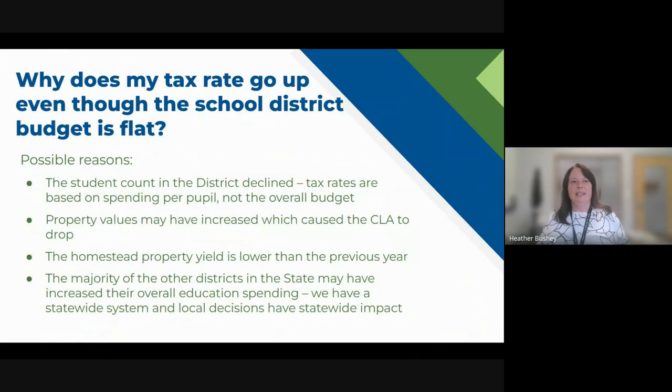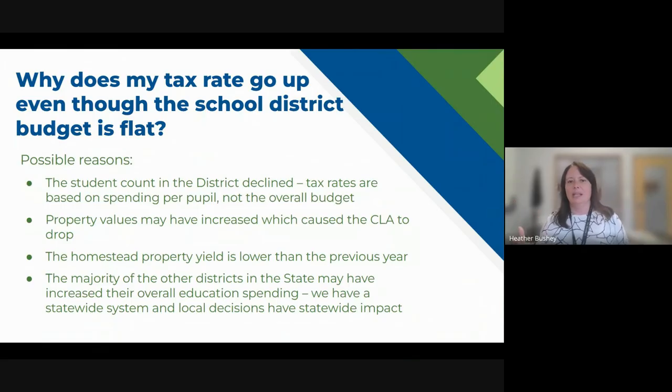So here's something to really wrap our heads around. Your tax rate can go up even though the school district budget is flat. If we never spent a penny more one year to the next, you could have an increase in your taxes. Why would that happen? One, the student count could have gone down.